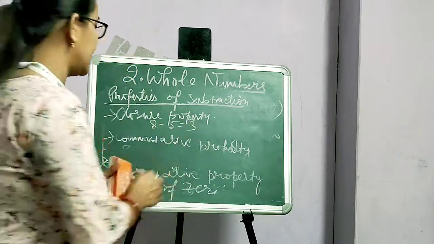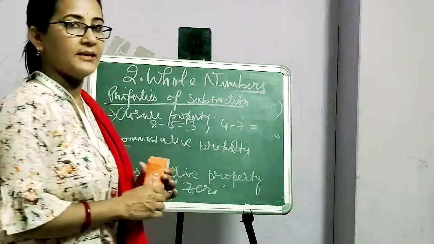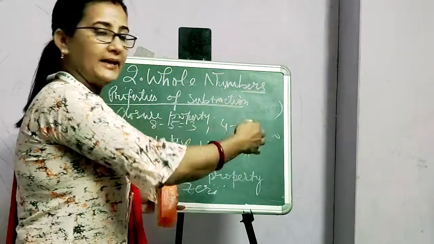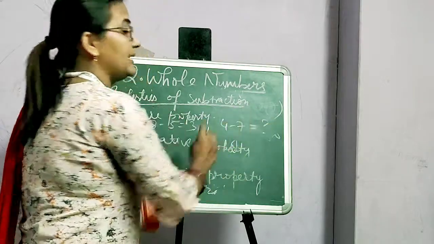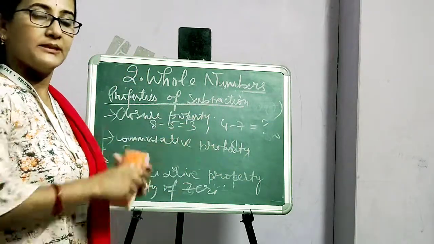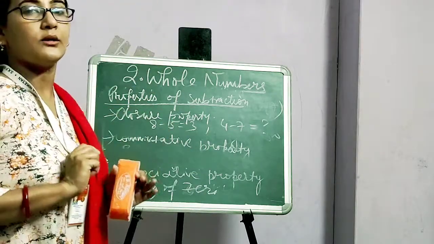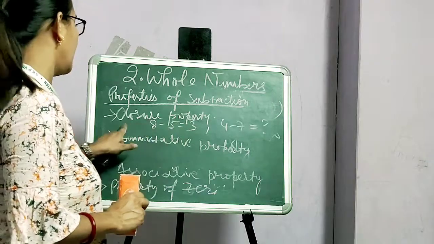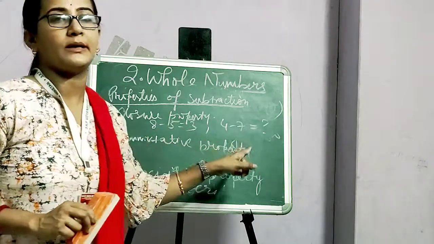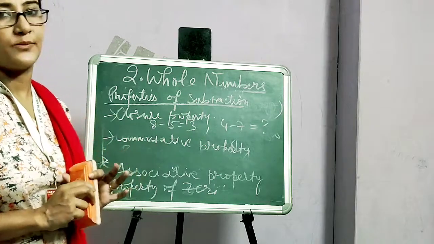But if I write 4 minus 5, then the answer will be negative. Negative means it is not a whole number. 0, 1, 2, 3 are whole numbers. The negative numbers are not considered as whole numbers. That is why we will say that closure property does not fully satisfy for subtraction.